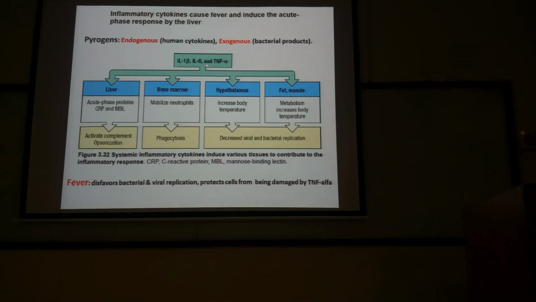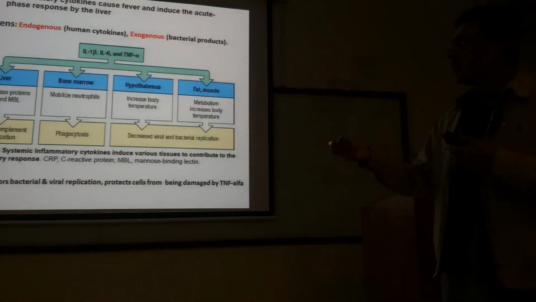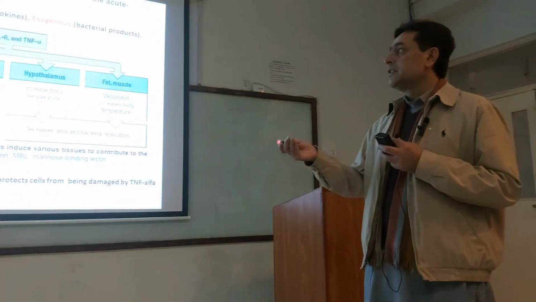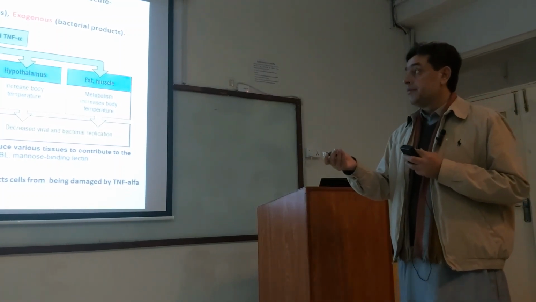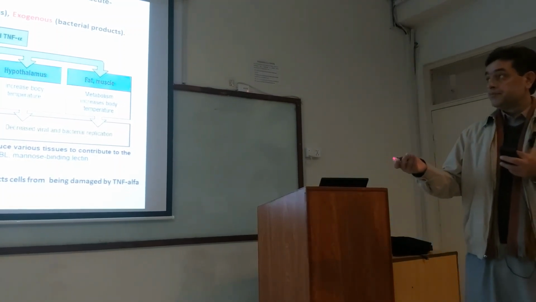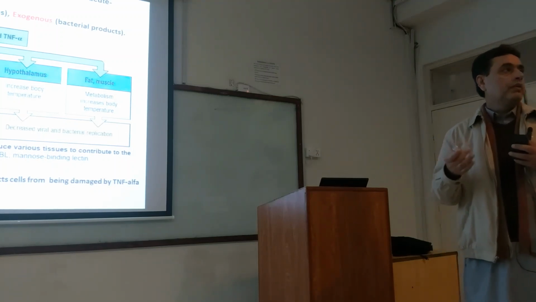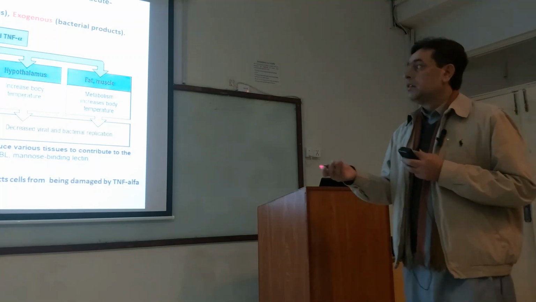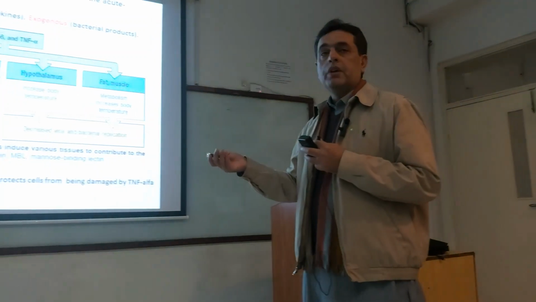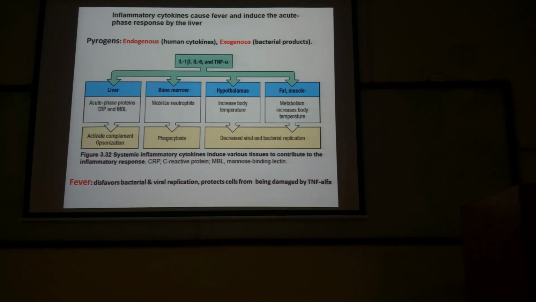For instance, these cytokines produced by an activated macrophage can act upon the liver. Interleukin 6 can directly affect the liver, and the liver would start synthesis of acute phase proteins, just like the CRP and MBL, in the next slide you would see what these proteins are.